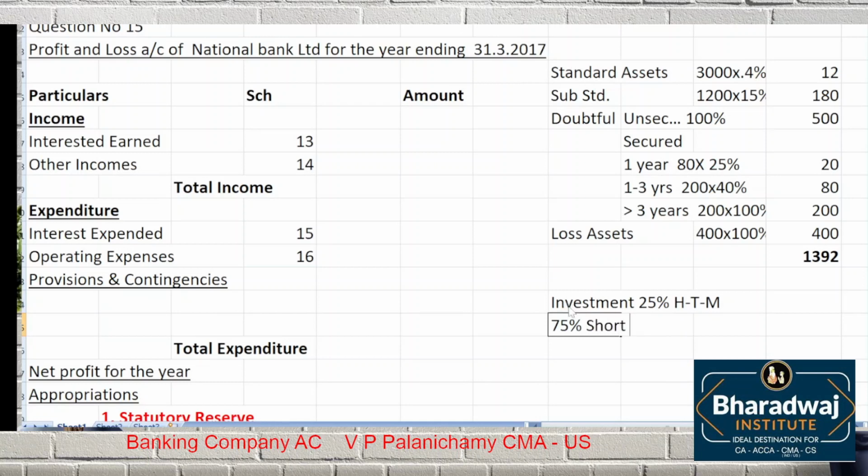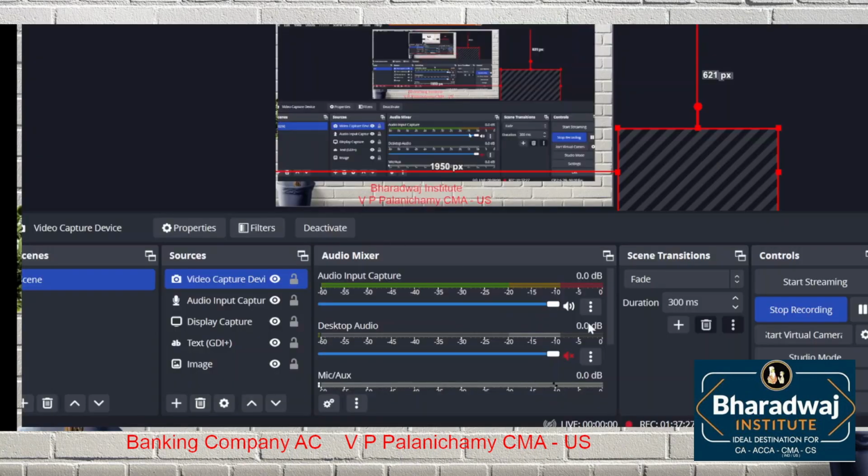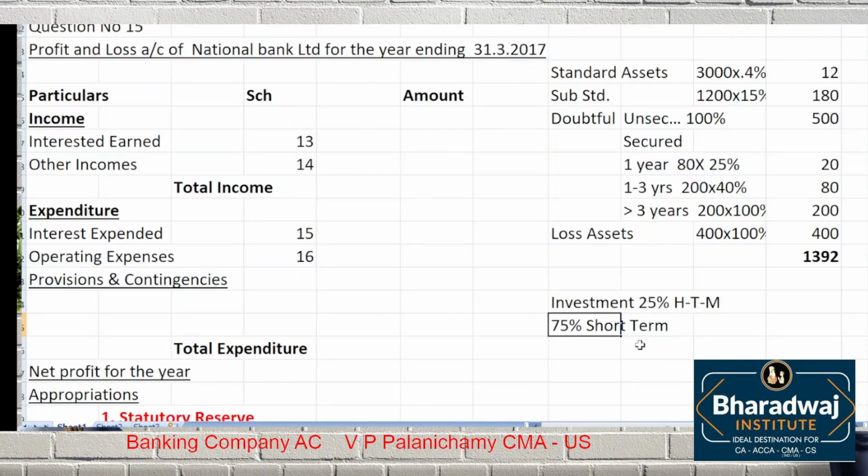Taken as trade investments or short-term investments. So 37 lakhs into 75% will be taken as short-term investments, trade investments.